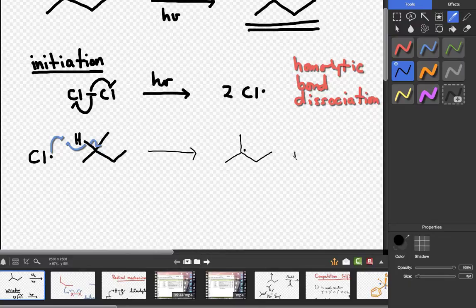And of course, I will get an HCl byproduct. And this mechanistic pattern is hydrogen abstraction. This, of course, is a propagation step, so let's make sure we label that.